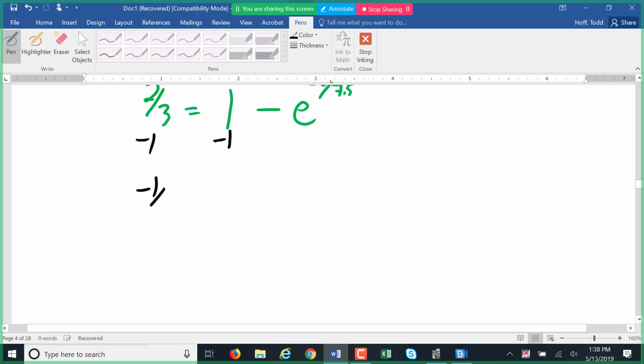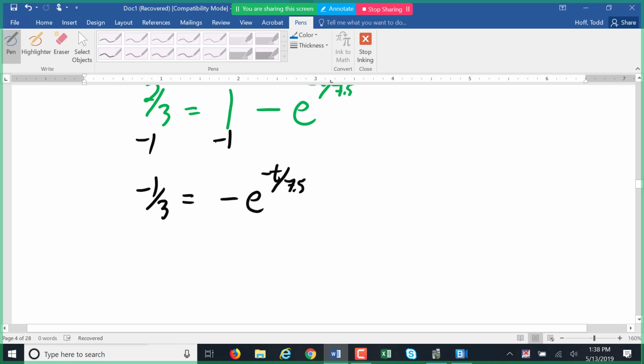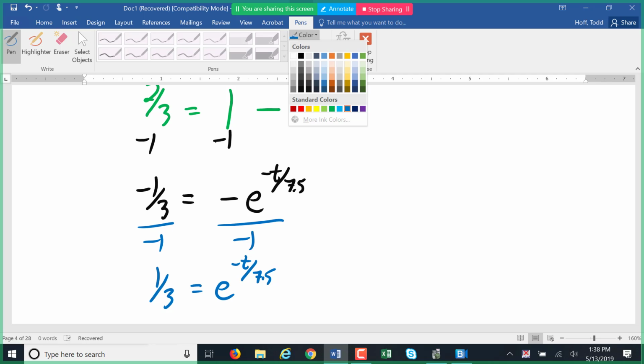So 2/3 minus 1 is a negative 1/3 equals, this is negative e to the power of negative t over 7.5. Now I have to divide by negative 1. 1/3 equals e to the power of negative t over 7.5. What do I do next?